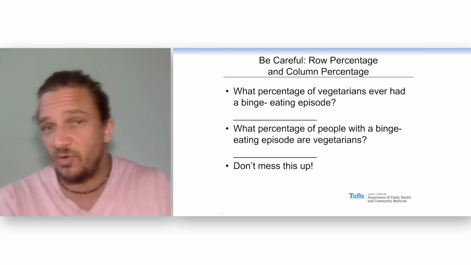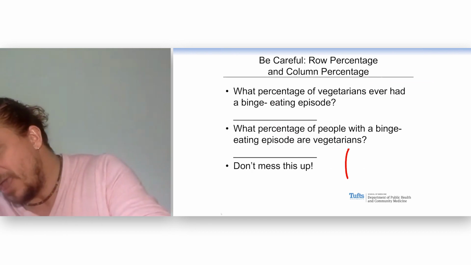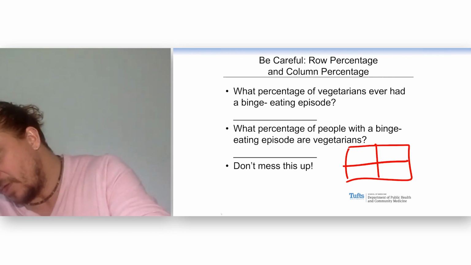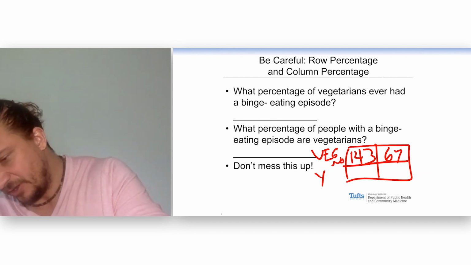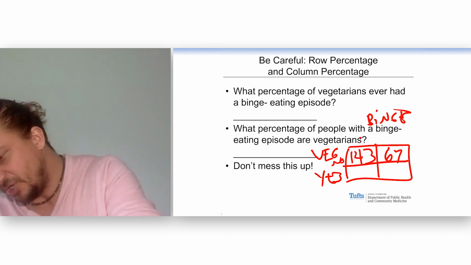What you want to do is, I recommend, take the table and do the numbers by hand so that you can make sure that you always do it right. Here's our table. We have veg, no, and veg, yes. And for binge, we have binge, no, and binge, yes.